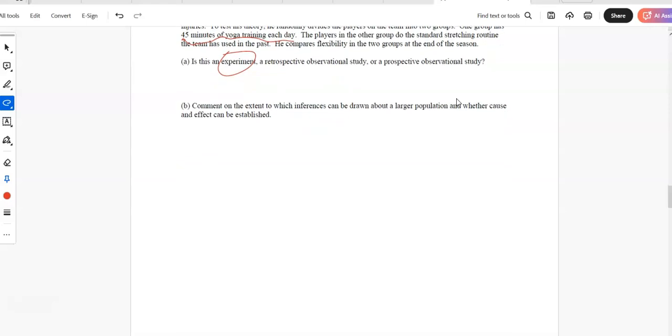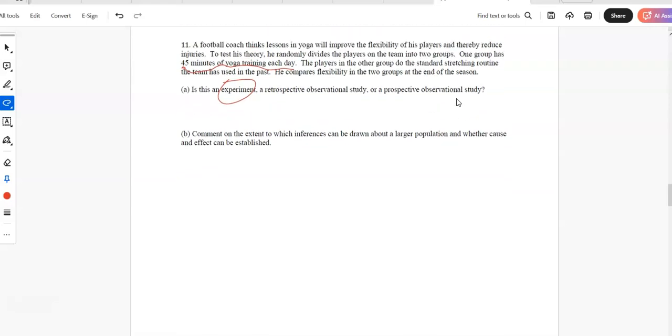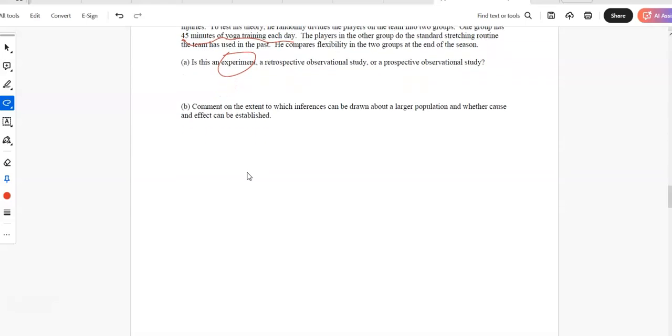Comment on the extent to which inferences can be drawn about a larger population, and whether cause and effect can be established. So, were they randomly divided into groups? One group was assigned yoga, one group was assigned no treatment, just the standard routine I guess. So, yes.